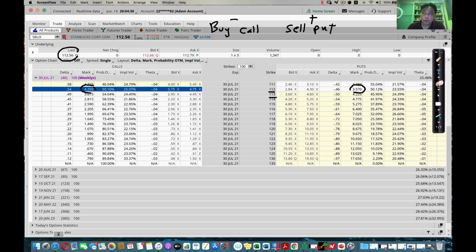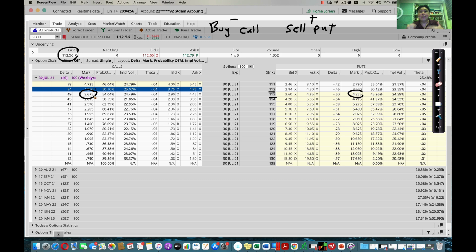So if I choose 113 strike price, I sell the put option, I will collect $4.22 in premium, right? And if I buy the call option, it will cost me $3.67. So is $4 enough to cover the cost of the call option?